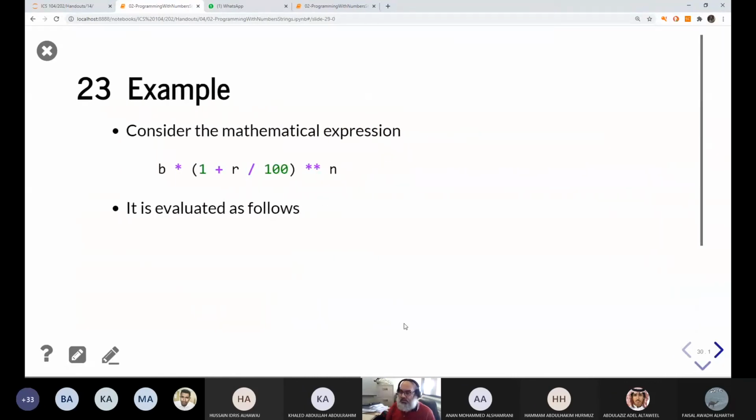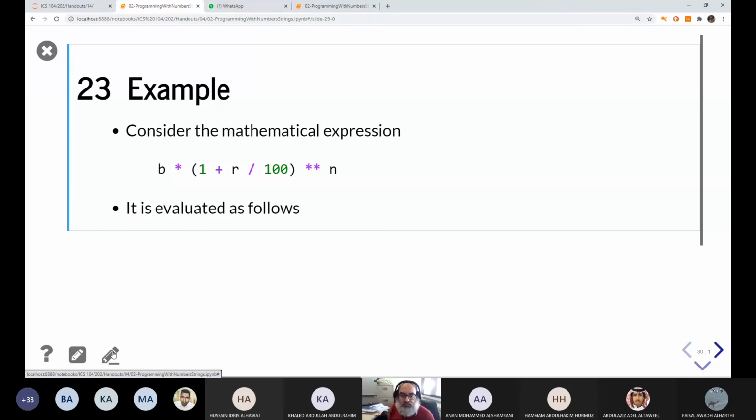Fine. So let's end with this example. Consider this mathematical expression: b times (1 plus r divided by 100) to the power n. How do I evaluate it?